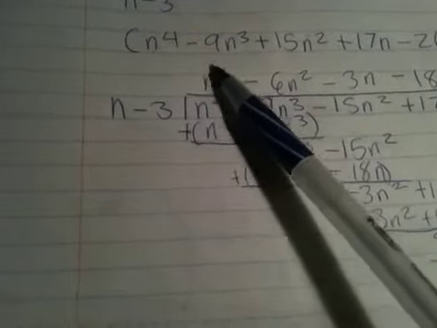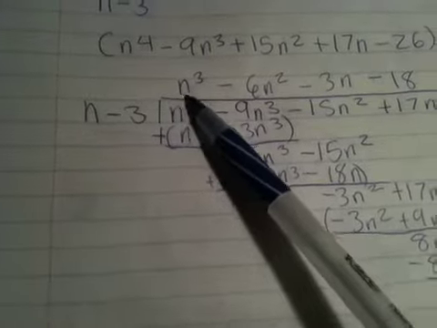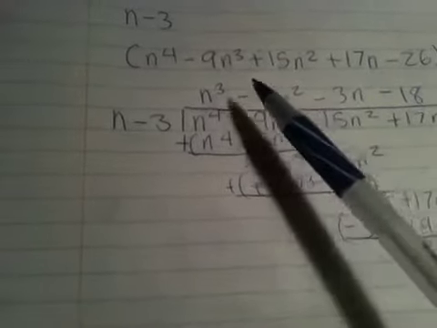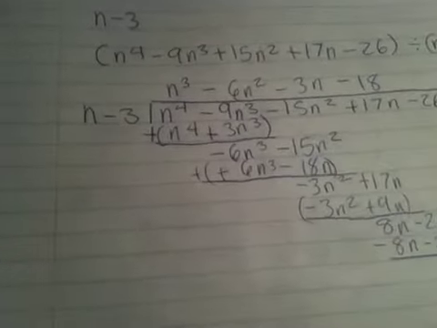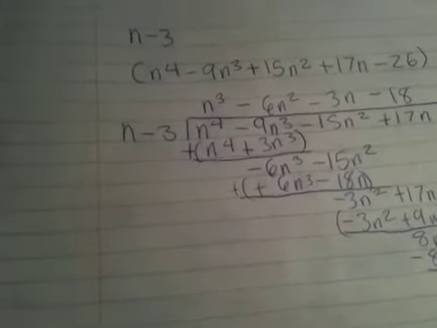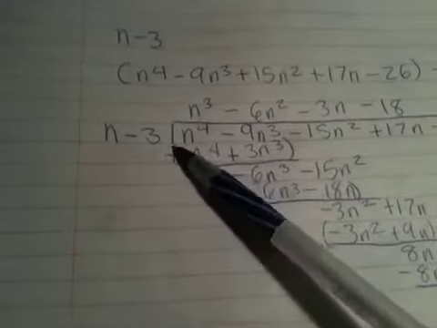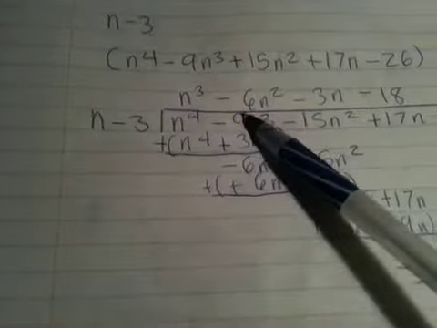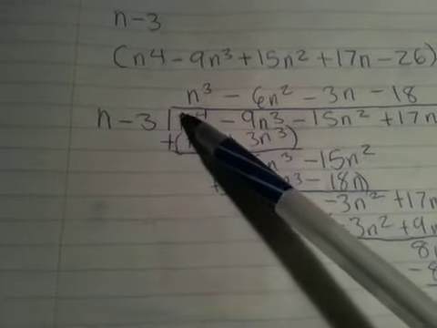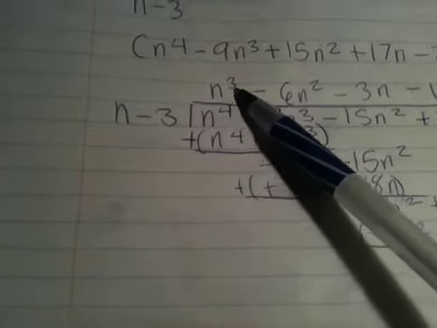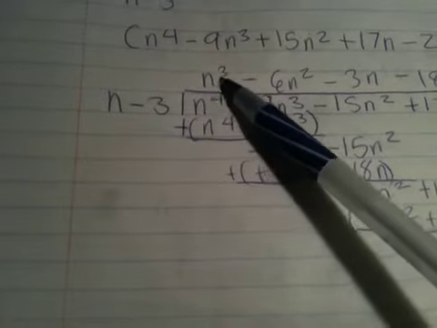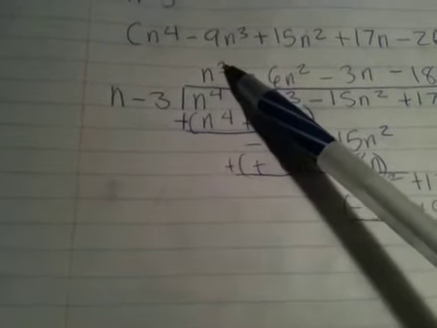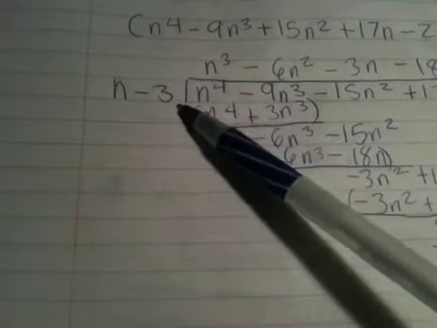Alright, as with any regular division, you have to figure out how many times it goes in. Since this is an equation, you have to fit it into two coefficients. So the first one that I start off with is n cubed. If you multiply it out, n times n cubed is n to the fourth power. Why?